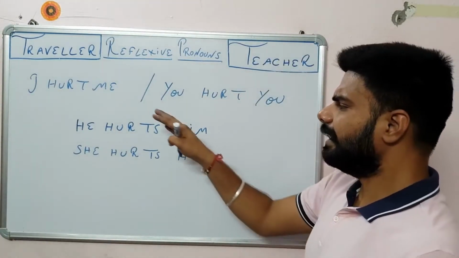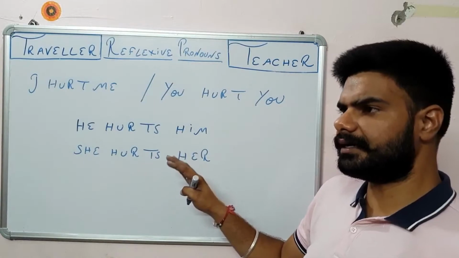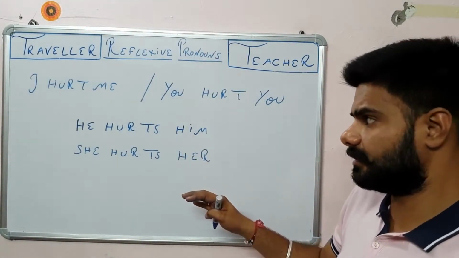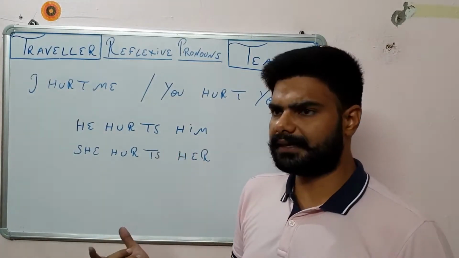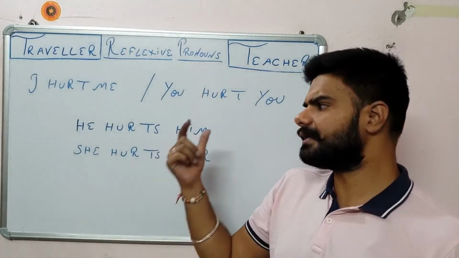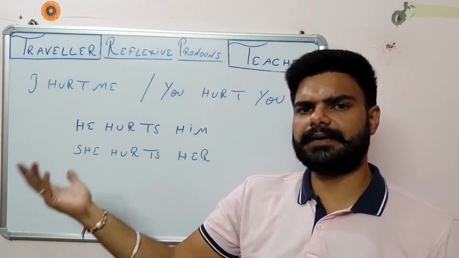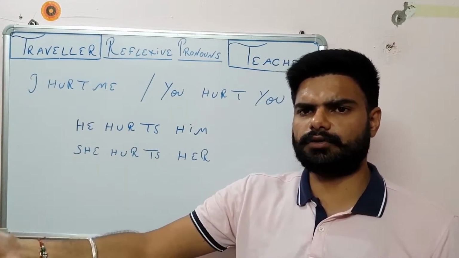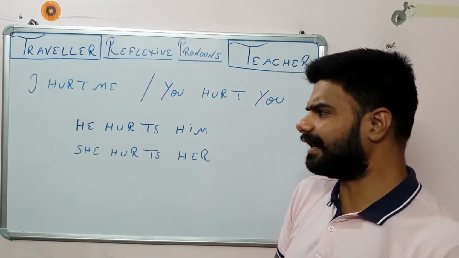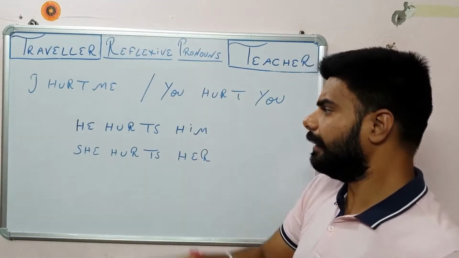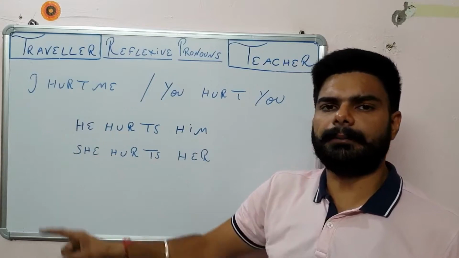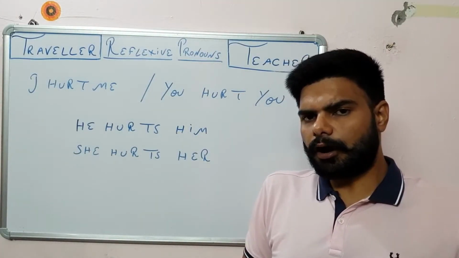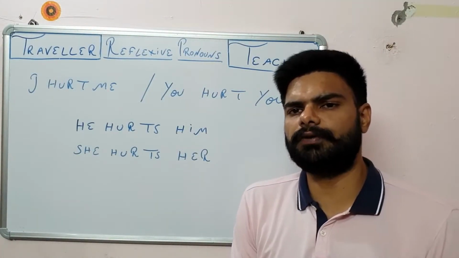So while we are using third persons in sentences, we recognize this one mistake: some people think he hurts him means he hurts his own self. But some people think it can also be possible that this him is not for his own self but for other people. So now we are having a conflict in English.